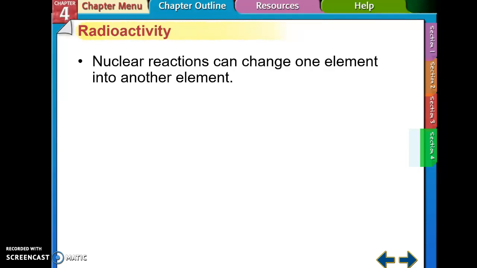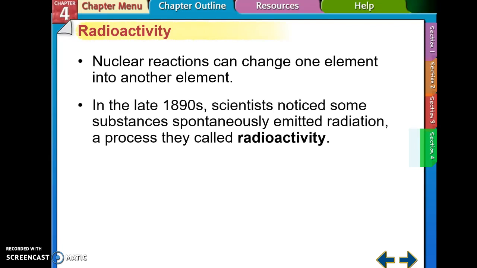We'll talk about that more in Chapter 7. However, if you change the number of protons, protons identify an atom. So if we change the number of protons, that's changing the nucleus, because protons are in the nucleus. That is called a nuclear reaction, and that would change one element into another element. So that's when we are changing protons.